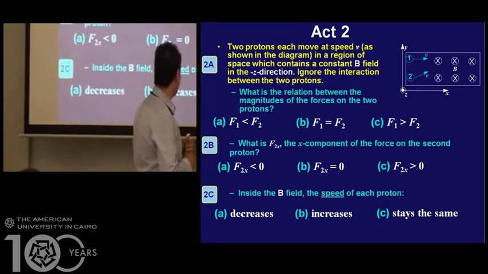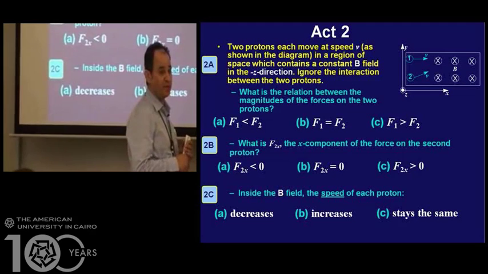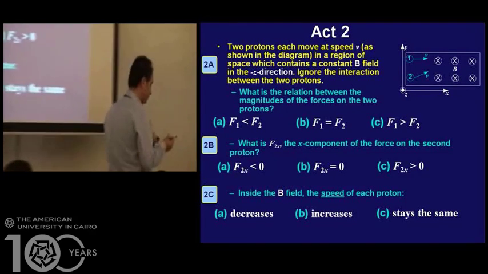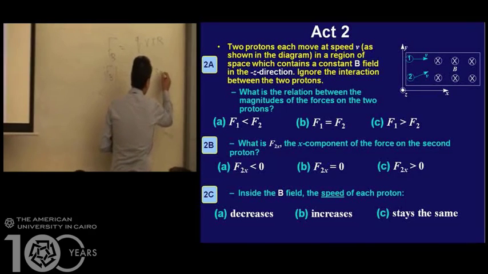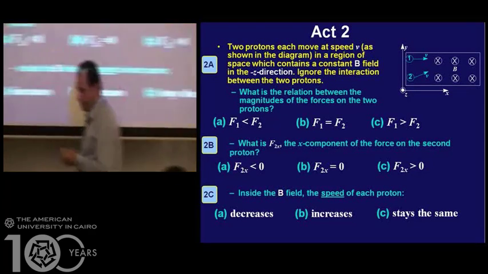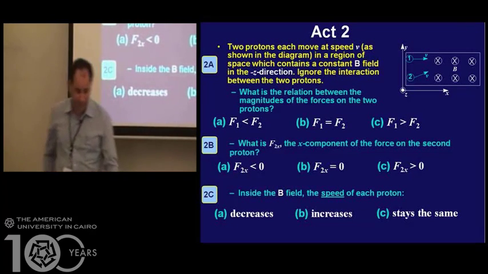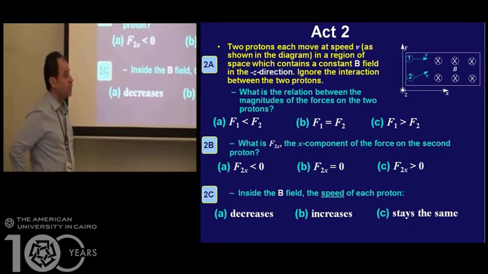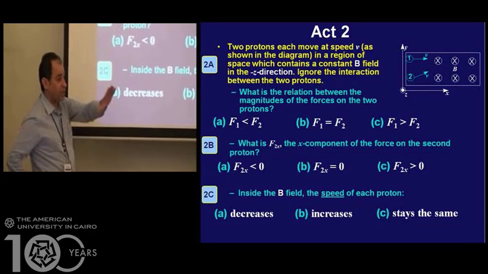F1 is more than F2. Abdullah is saying F1 is going to be more than F2. Should we consider the answer equal? At that stage, they will be equal. I'm asking all about the magnitude.